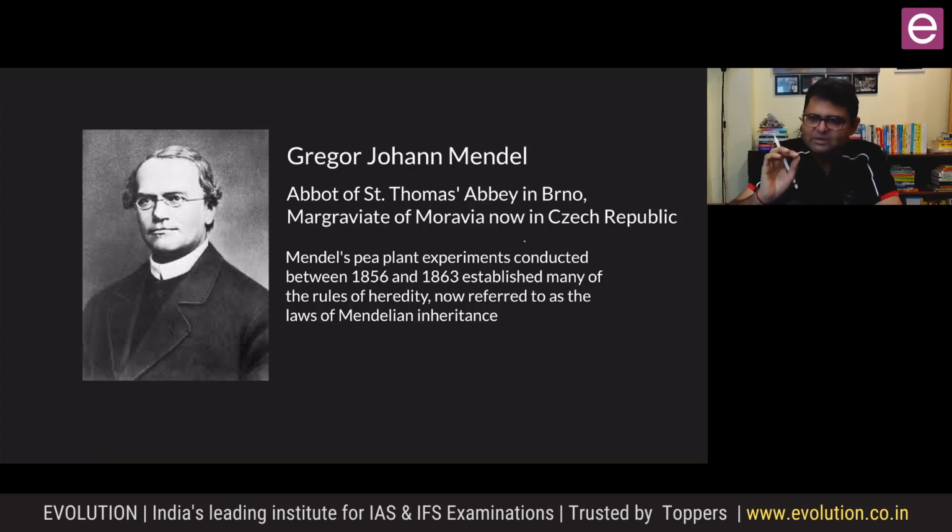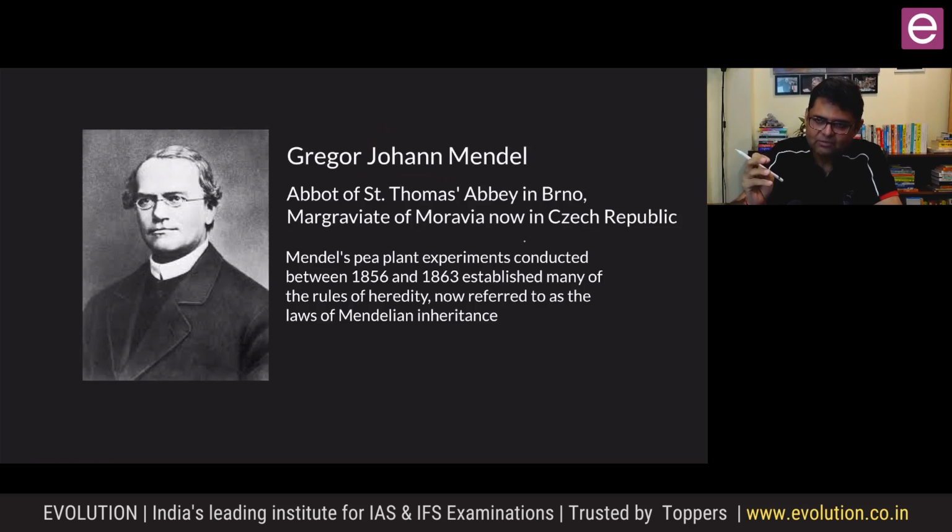So it was easy to work with garden peas. It was easy to analyze the results of the inheritance pattern of different characters, and that is why Mendel chose to stick with garden peas. So if you ask me, did Mendel work only with garden peas? The answer is no. Mendel worked with Vicia faba.